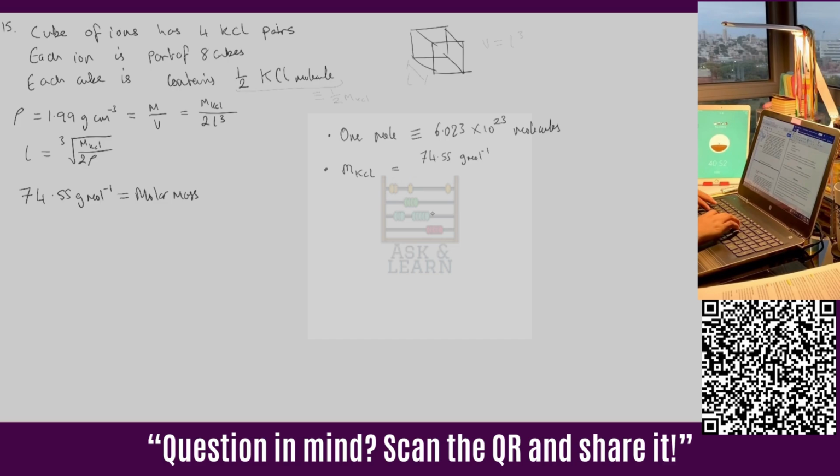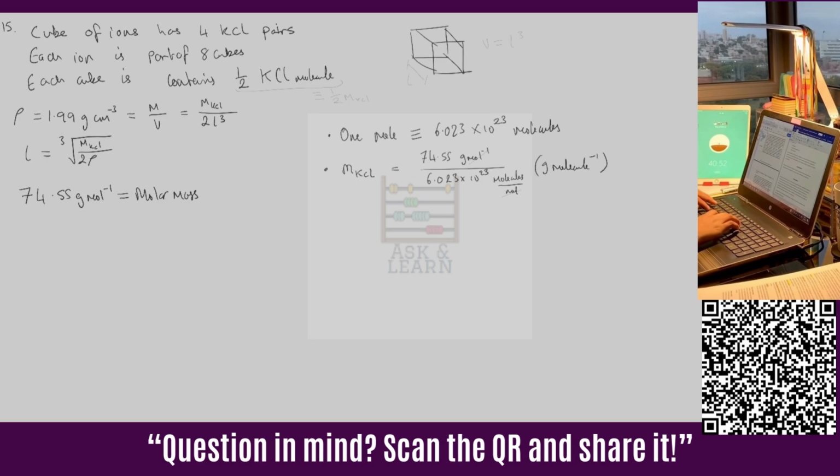Okay, and we can divide it by the number of molecules in 1 mole. And you'll see that these will cancel, and then you'll get grams per molecule as units.